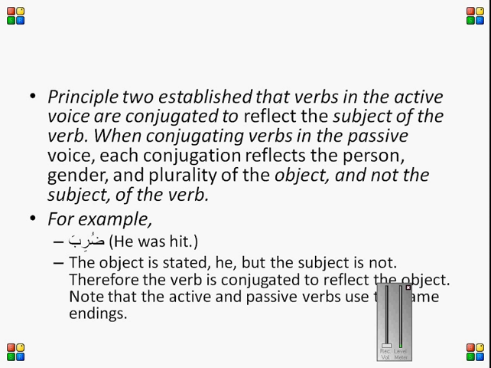So the past tense fu'ila is he was done, versus he did for the active. So it deals with the object, and the verb is conjugated depending on the person, gender, and plurality of the object for the passive verb.